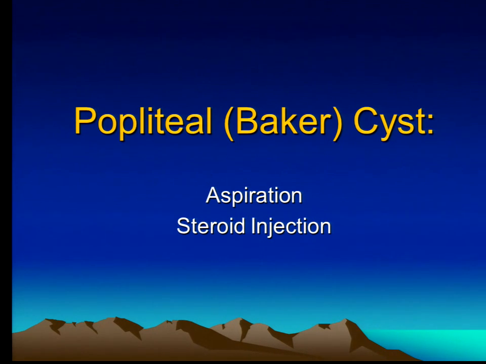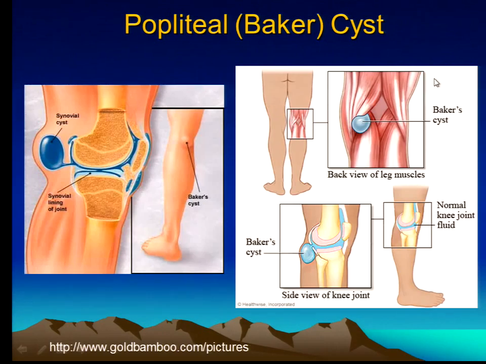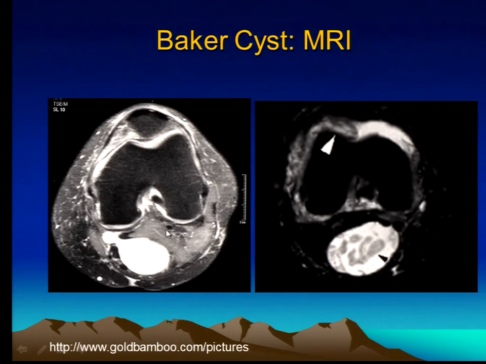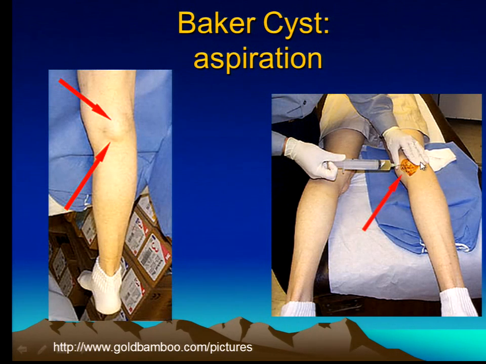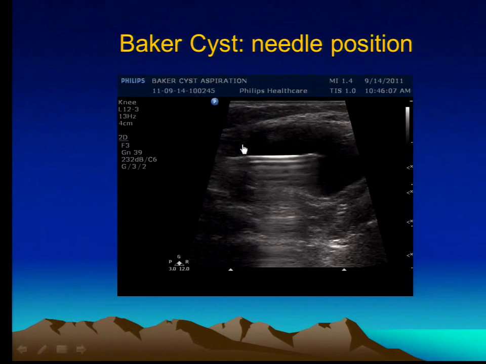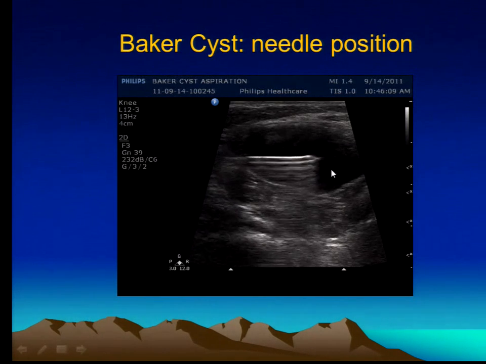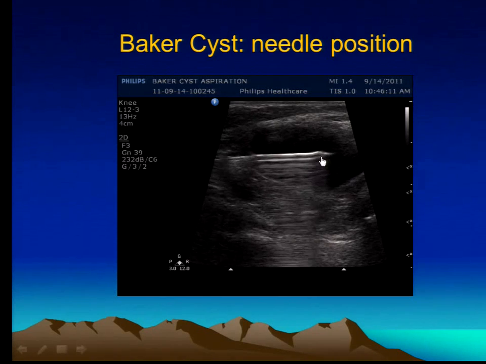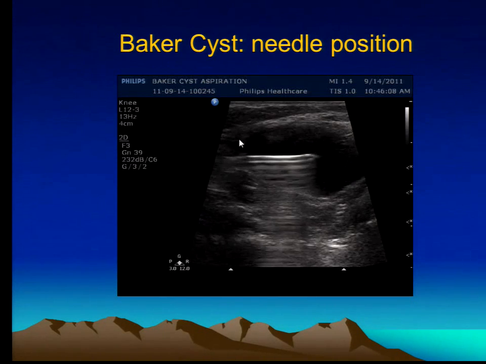Another example is a Baker's cyst, and it's the same concept. And here's a picture of the Baker's cyst, and here's an MRI of the huge Baker's cyst, and here's a picture of how you aspirate it. When it's big, you can see it like that. And here's a picture of the needle going into the Baker's cyst. It's very easy to aspirate.